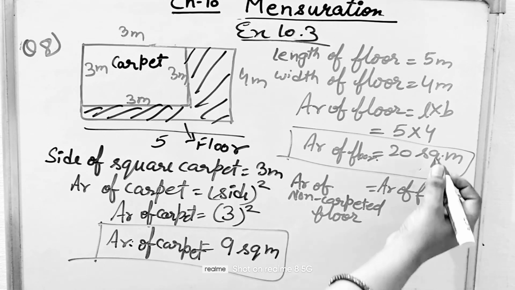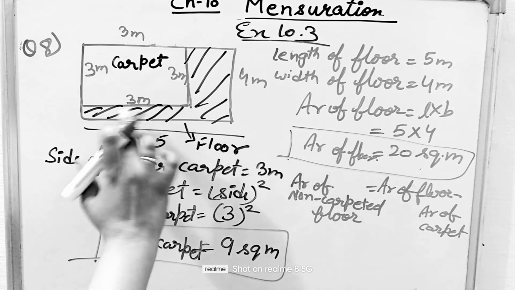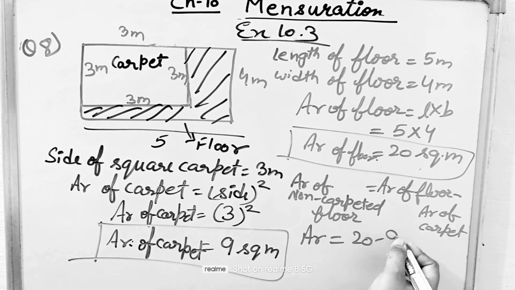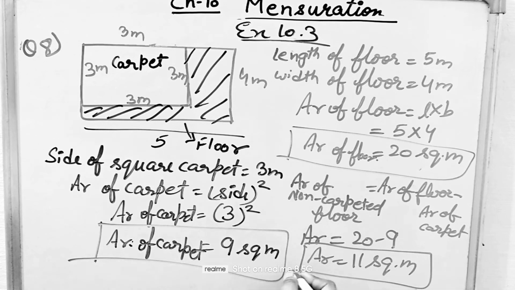So you can simply subtract these two areas and you will get your area of this shaded portion or non-carpeted floor. So area is equal to 20 minus 9. This is 11 square meters. This was the area which is not covered by the carpet.